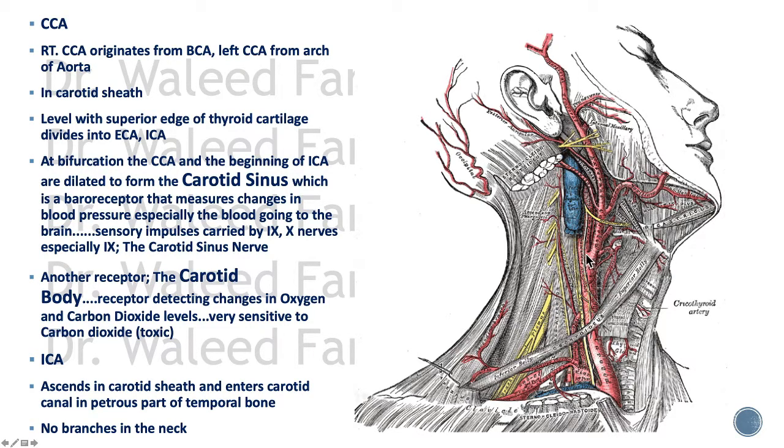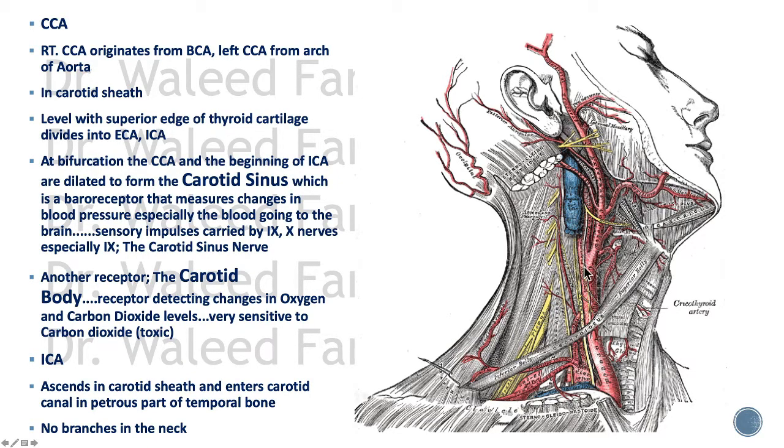In the wall of this swelling, there is a baroreceptor called the carotid sinus. It measures the changes in blood pressure, especially the one that's going inside the skull through the internal carotid artery, i.e. to the brain.